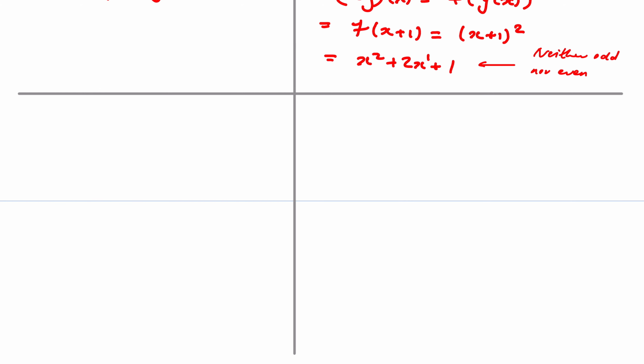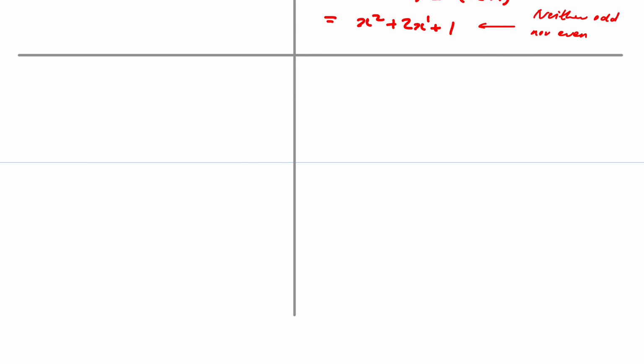So if I have the following, so if f is even and g is odd, this does guarantee the composite is even. Pretty wild, eh? So let's check why this is true.